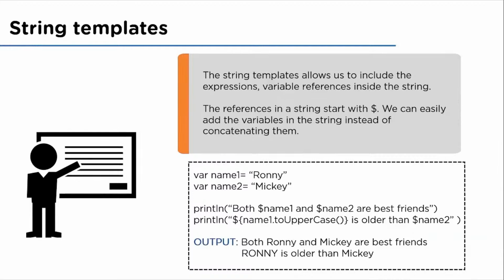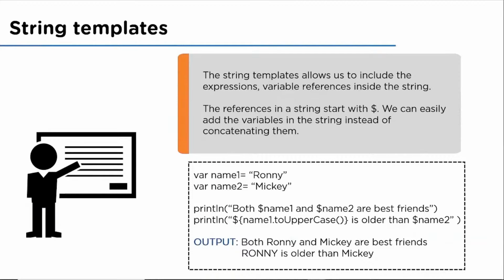For example, here name1 and name2 are two strings and we can include them together within the same sentence while printing, like "both $name1 and $name2 are best friends." It will display the value of the string within the sentence.